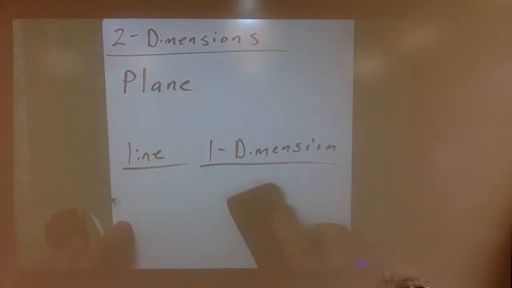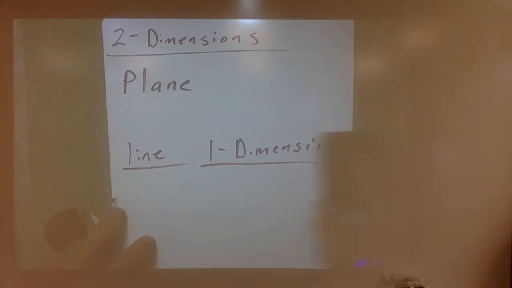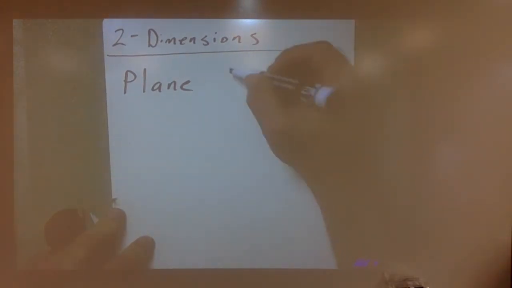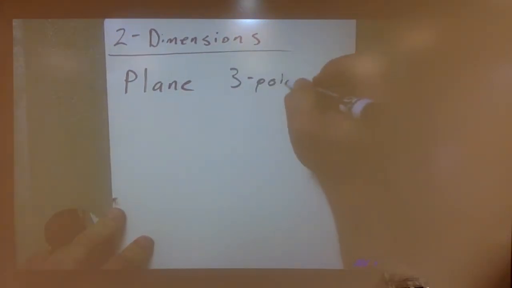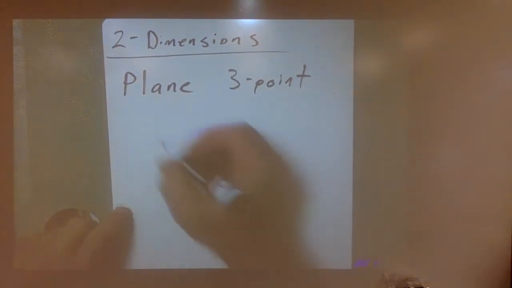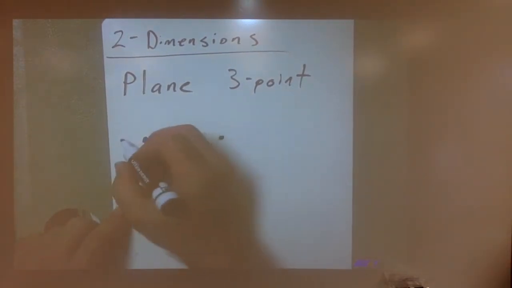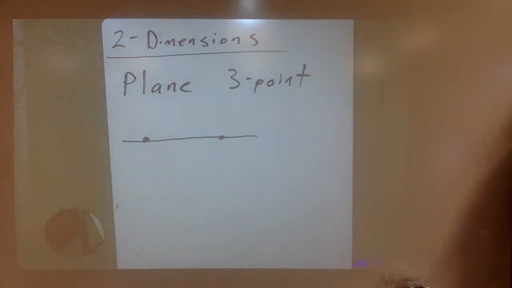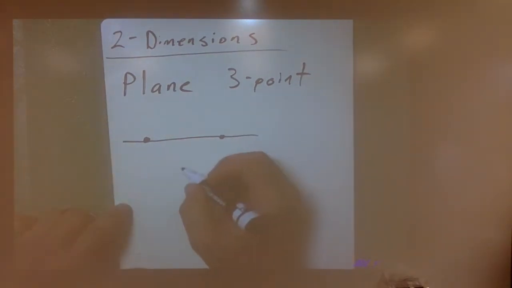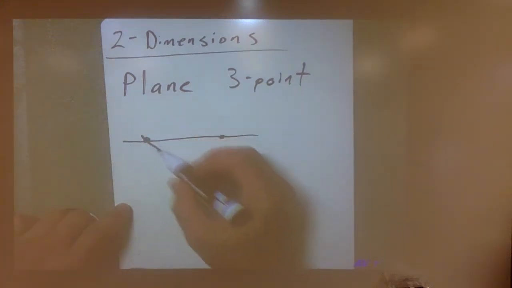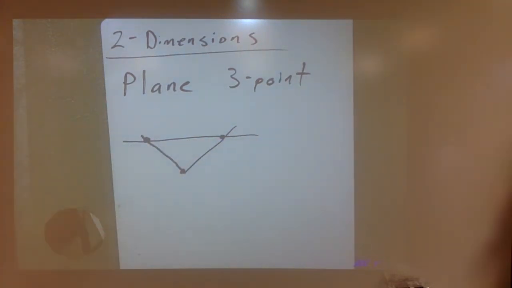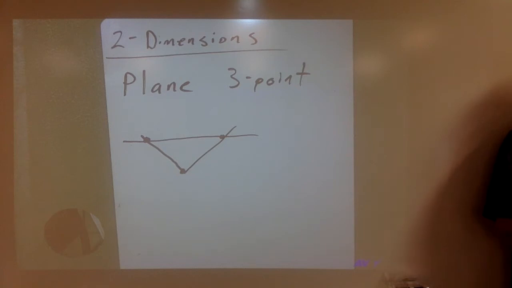Instead of the 2 points we needed for the line in one dimension, now we need 3 points to make a plane. Because if we only have 2 points, all we have is length. We don't have our second dimension of width. If we add a third point in there, now we have length and width, and we have a plane.